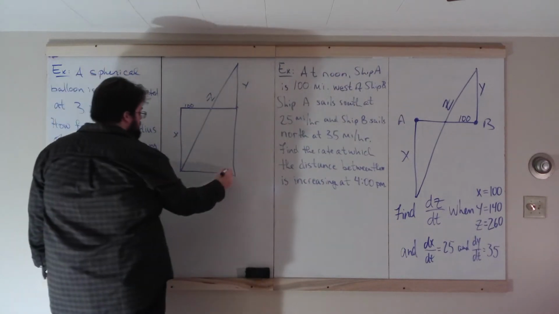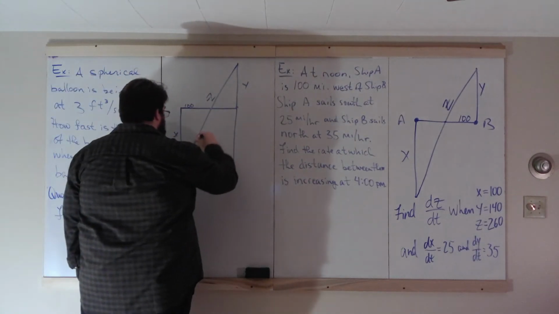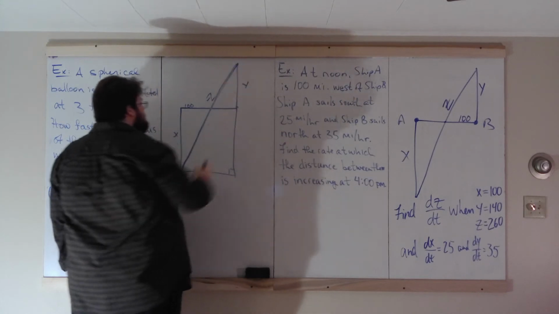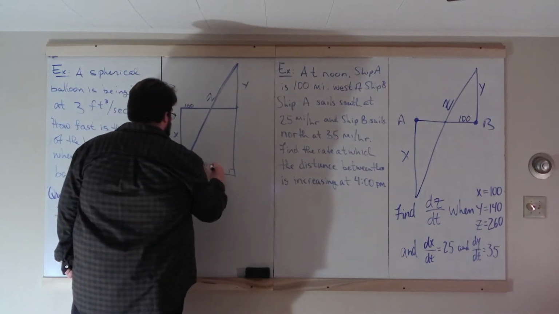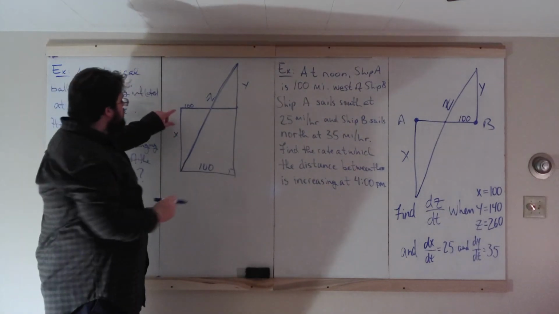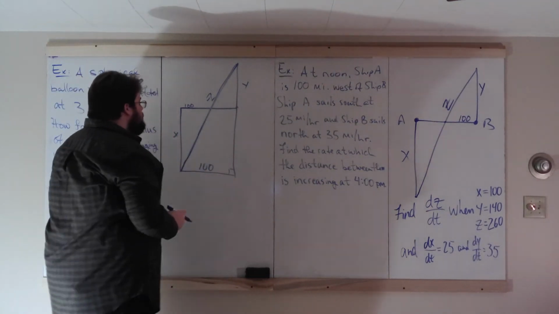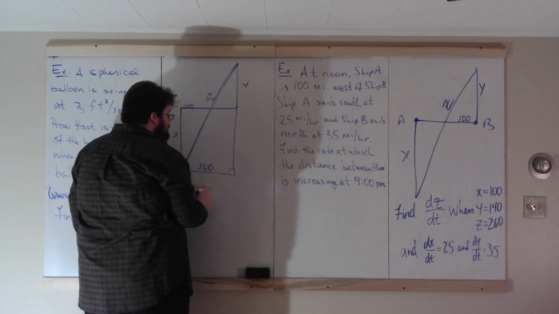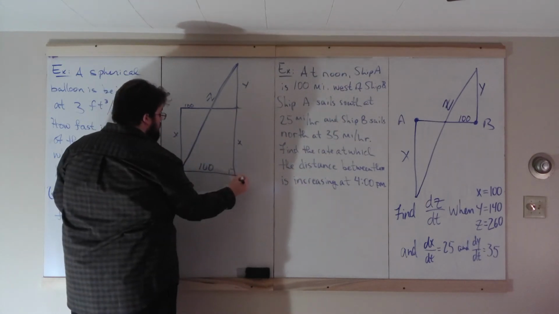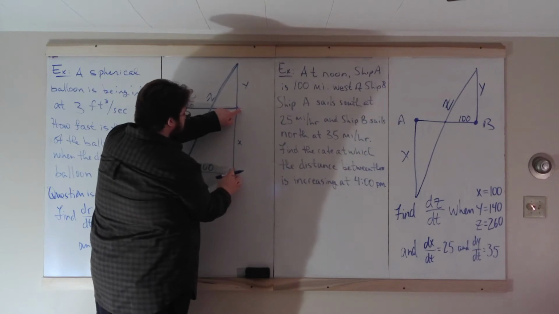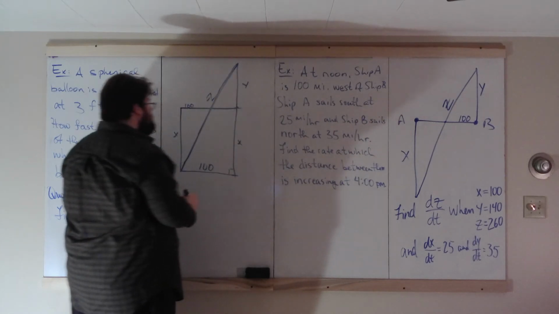And now, on this big triangle, well, it's a right triangle, so the Pythagorean theorem must be satisfied. The bottom is 100 because this up here is 100. What is the other leg? Well, remember, this distance is x, and this distance is y.